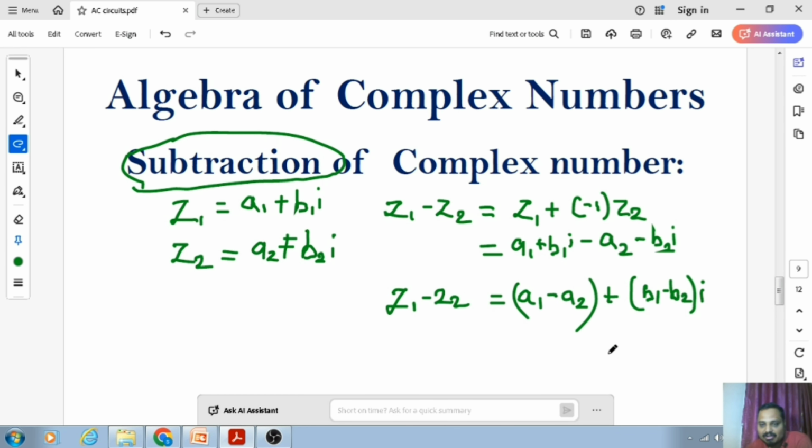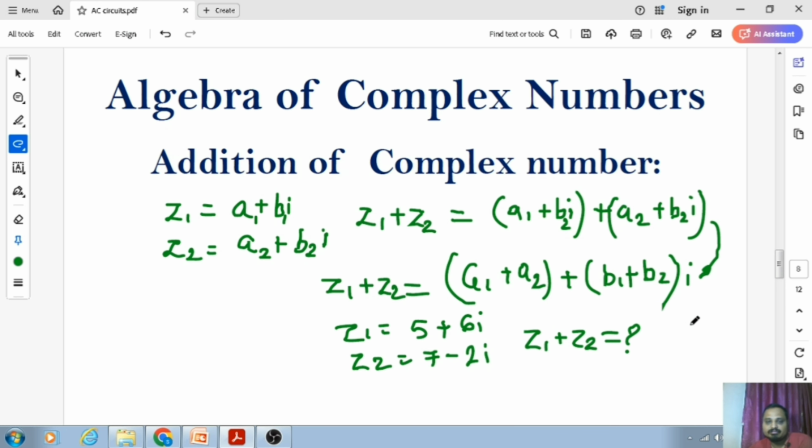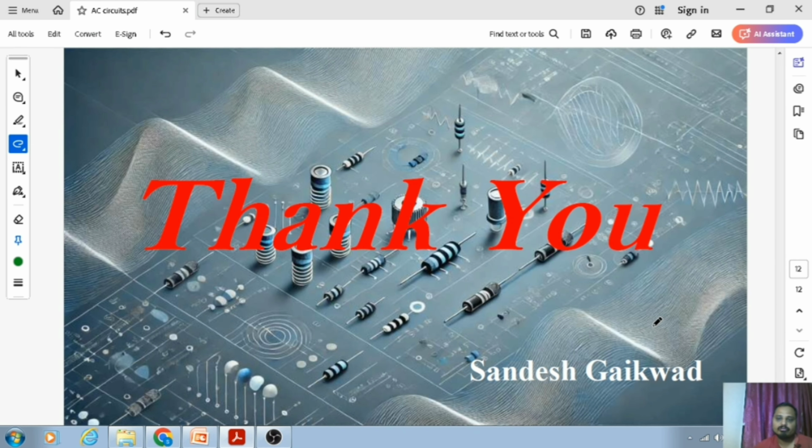In subtraction also, here we have the real part and the imaginary part. In addition also, we have a real part and an imaginary part. So this is how you can perform the basic algebra of complex numbers. So today we learned about why there is a need for complex numbers and how we can perform some simple algebra of complex numbers.